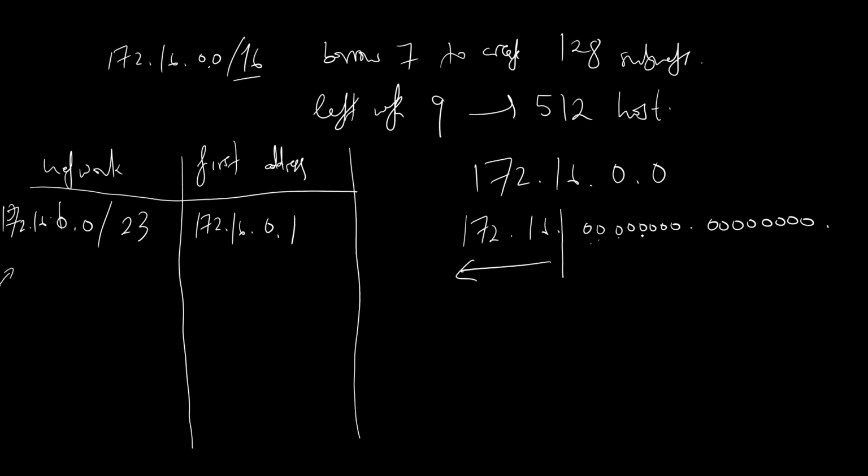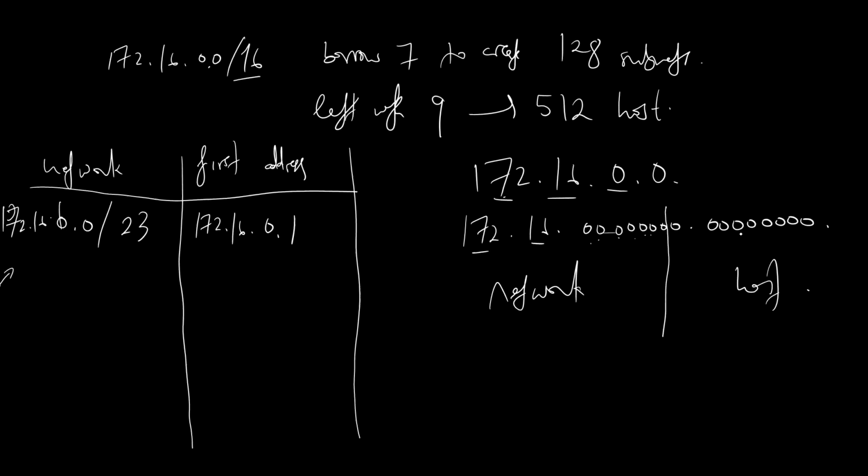This is what I borrowed here, and this became my network, and this is my host. On the network side, the first network that I will have is 172.16.0.0, because I have 172.16 here and a 0 here and a 0 there. The second network that I will have, what changes? This bit right here changes.